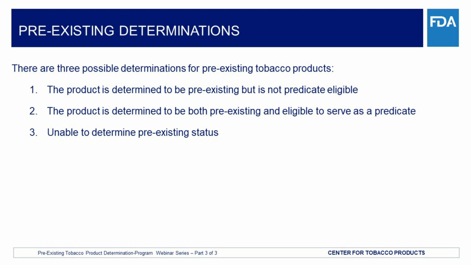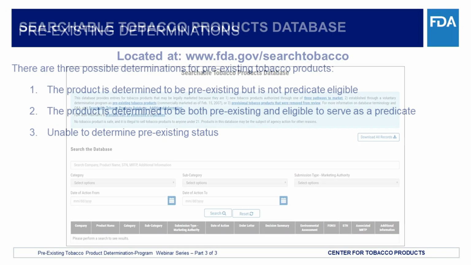There are 3 possible determinations. 1. The product is determined to be pre-existing, but is not eligible to serve as a predicate product. 2. The product is determined to be both pre-existing and eligible to serve as a predicate. Or 3. FDA is unable to determine whether the product is a pre-existing tobacco product.